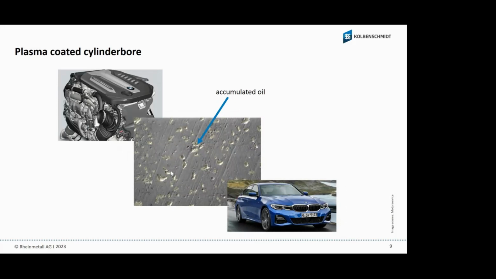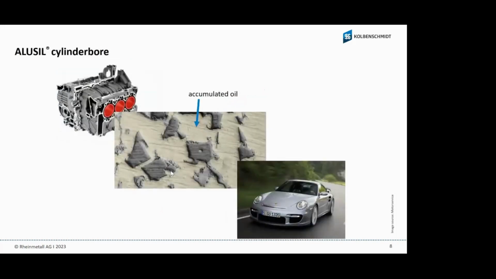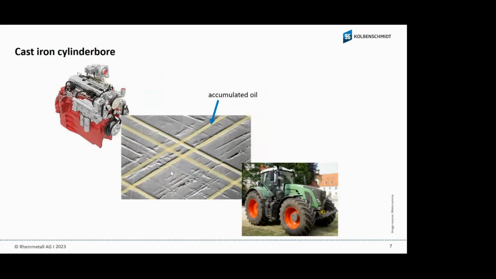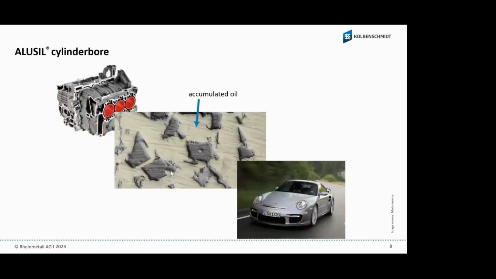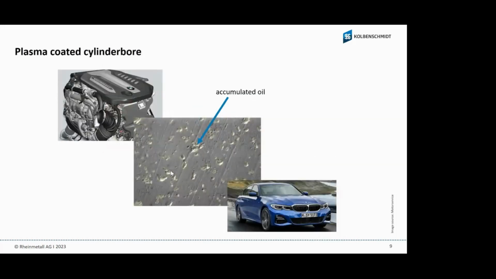When we don't have these bubbles in the coated cylinder bore, or this area in the Alusil, Locasil, or Silitech, or the grooves in the grey cast liner, then it's very slippery, and the oil quickly runs down to the bottom, and the oil does not stay between the piston ring and the surface of the cylinder bore. This is why we also need a rough surface in the grey cast, the Alusil, or the plasma coated cylinder bore.